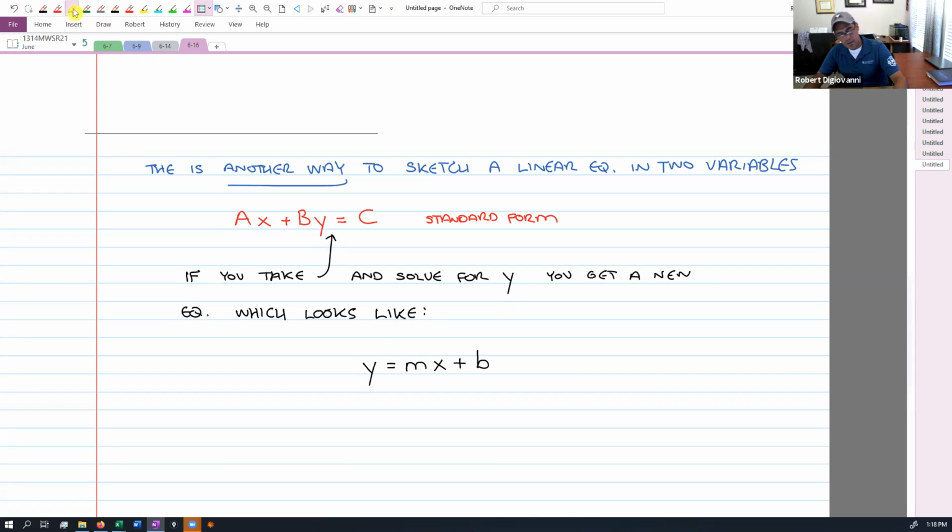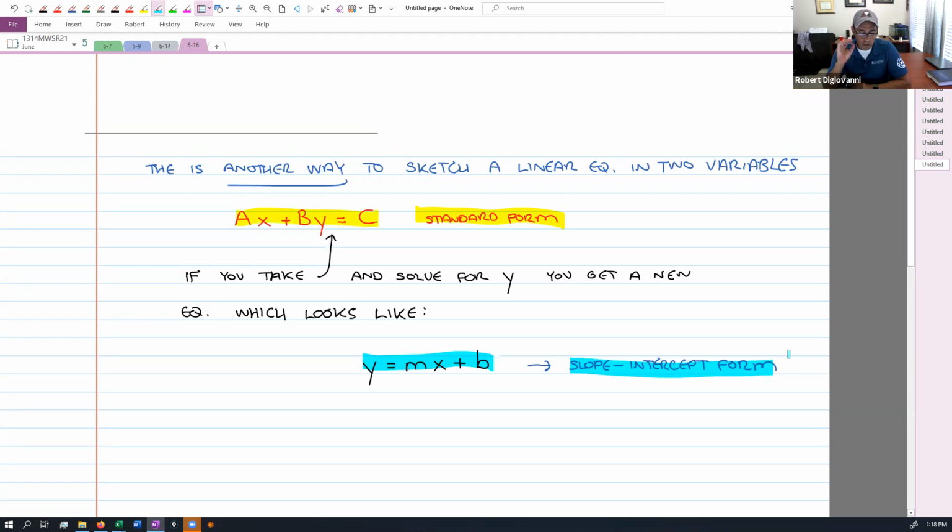And this is referred to as the slope intercept form. Okay, so we have the standard form, and then we have what's called the slope intercept form. The only difference between the two is that for the slope intercept form, you take this equation and solve it for y.